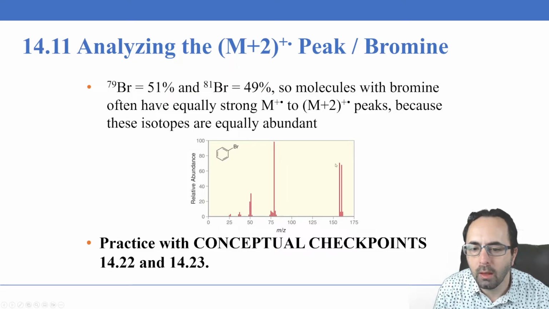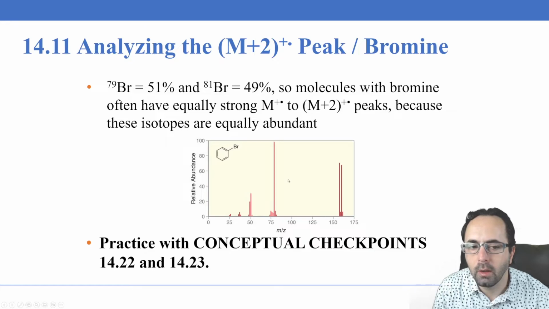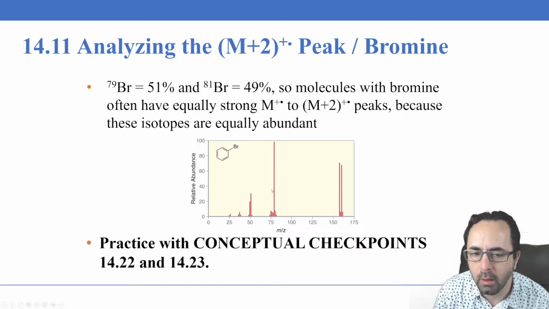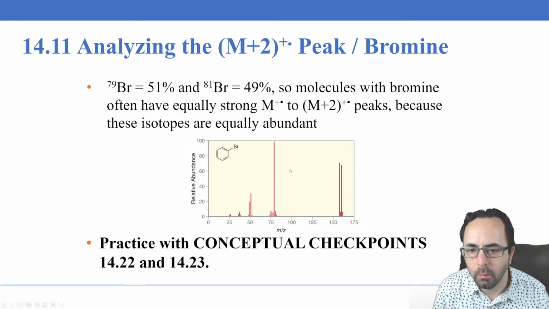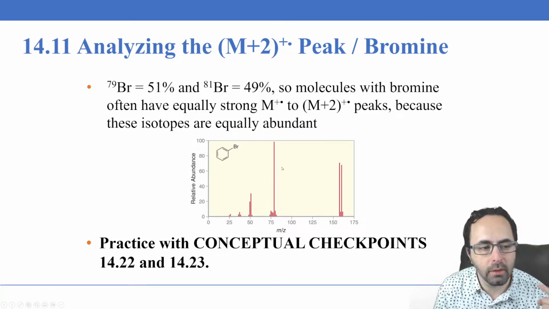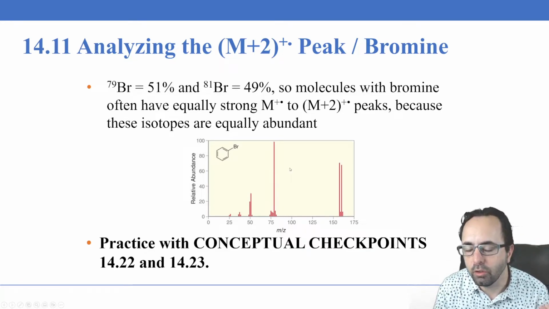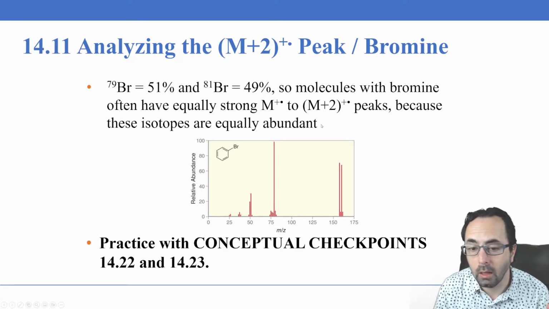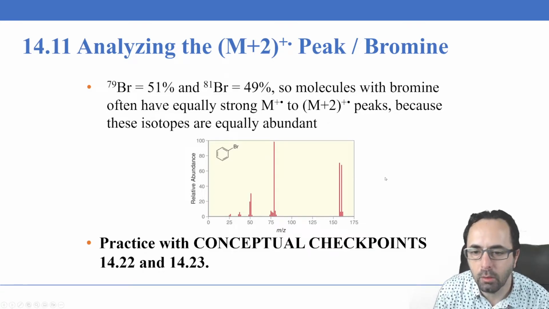And so you'll get an M+2 peak that's just slightly smaller than the molecular ion peak when you have bromine. So far, we've checked the molecular ion peak, and then we checked the molecular ion +1, checking for how many carbon atoms there are, and we can check the molecular ion +2 to see if there are any halogen atoms in the molecule.